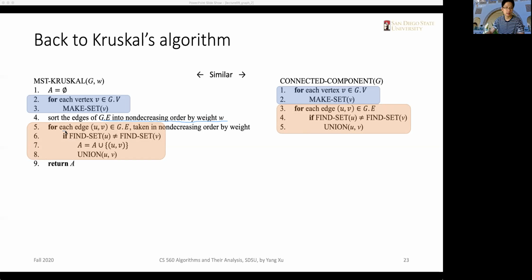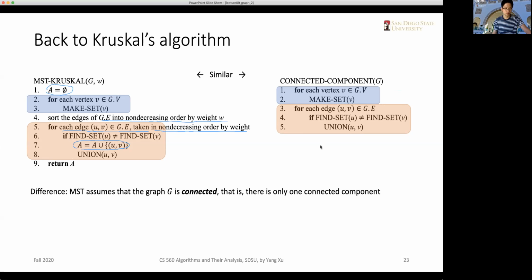And in the loop statement here, we also need to take the edges in non-decreasing order by their weights. Another additional part is the initialization of A, and each time we need to include the new edge into A. That's basically the difference.